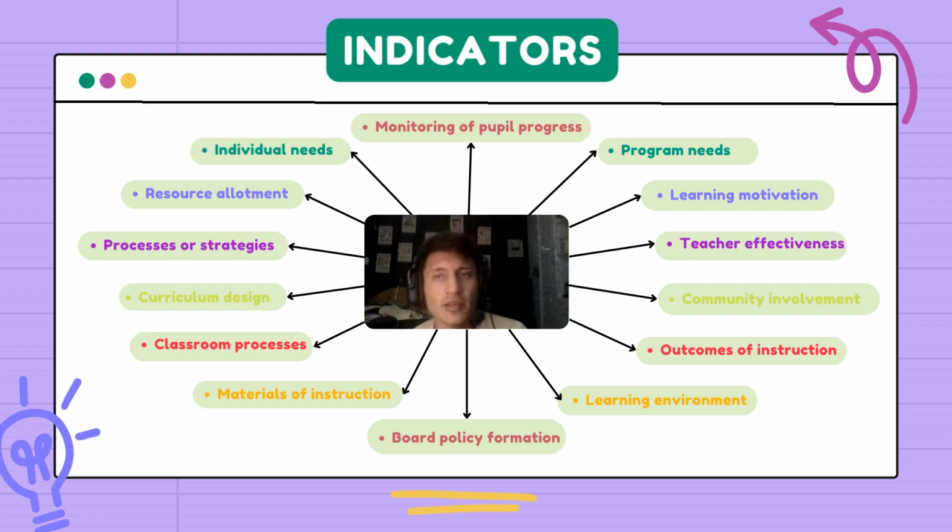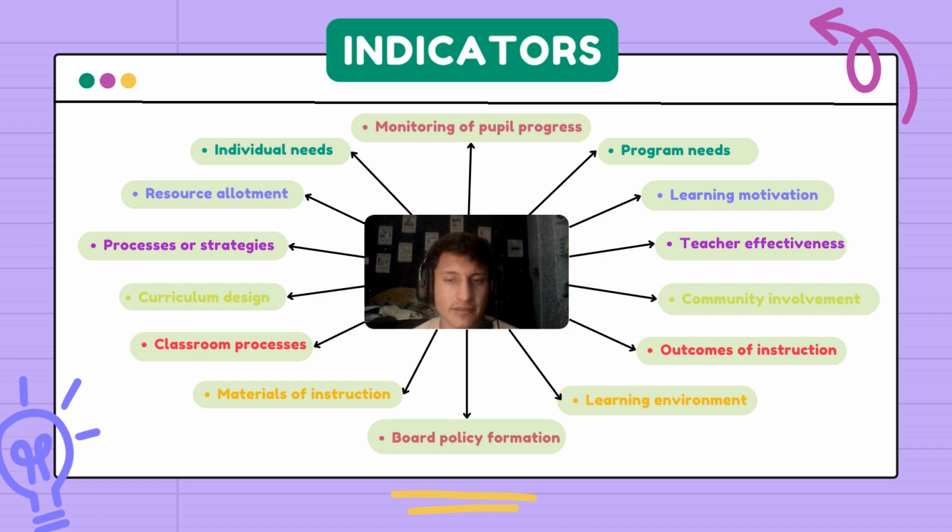Community involvement means to determine the extent to which community members can aid in the decision making process of the school. Then we have board policy information.